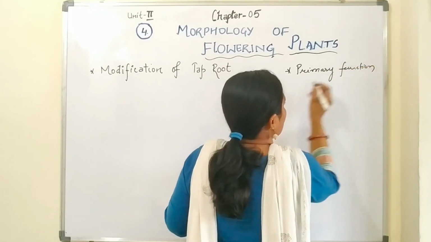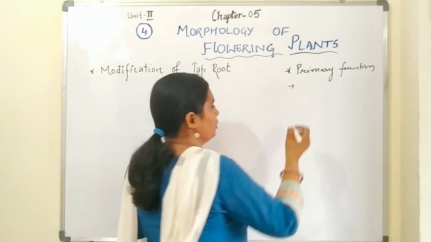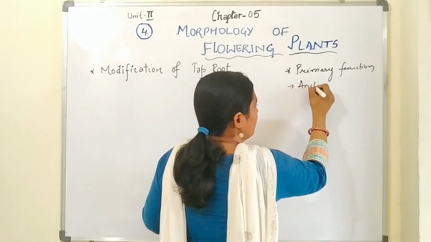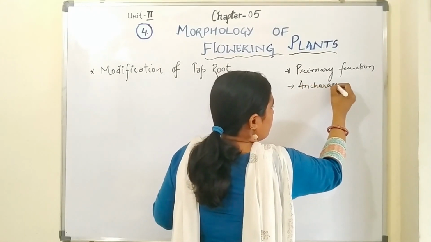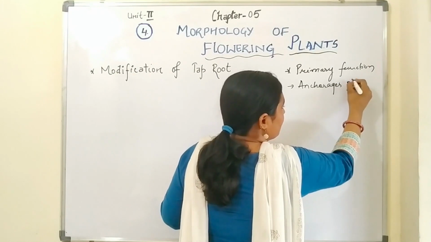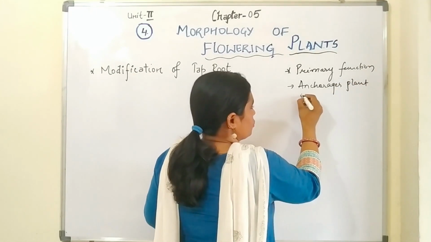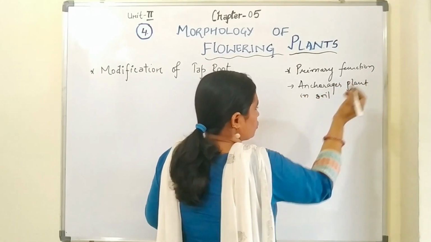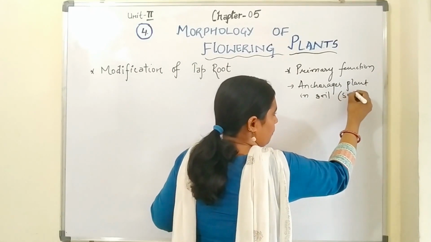So in primary function there are three major functions. One, it anchors the plant in soil, so it also helps in support.